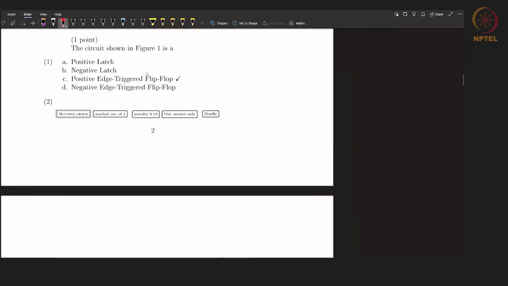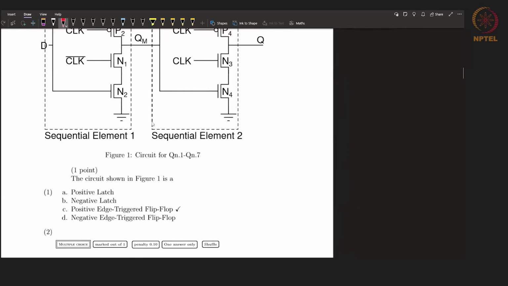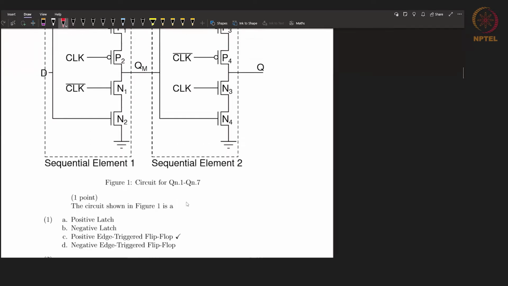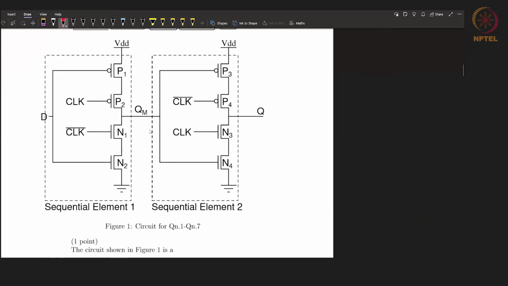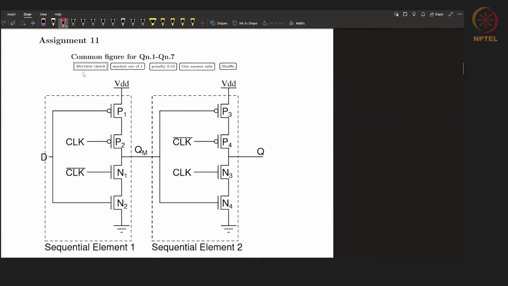Assignment 11, question 1. Is the following figure a positive edge triggered flip flop? So it is a positive edge triggered flip flop. Why? Because the first one is a negative latch. If you see here, the latch is controlled by clock bar on the N and clock on the P, and clock here and clock bar. So this is a positive latch and this is a negative latch.